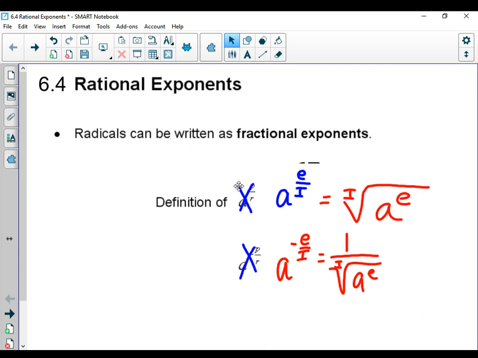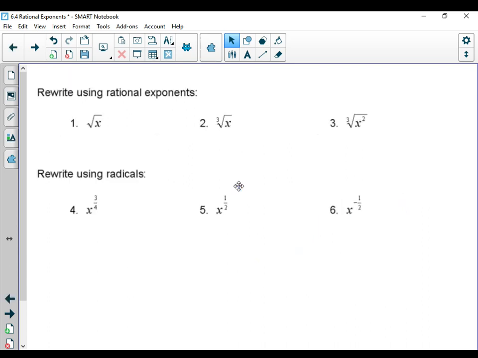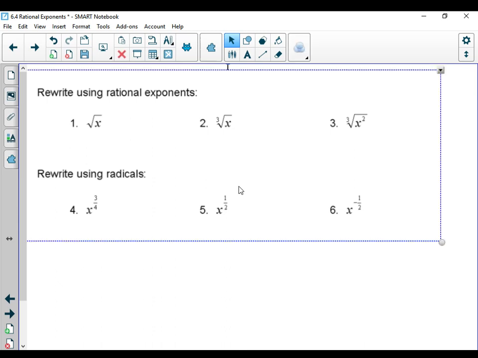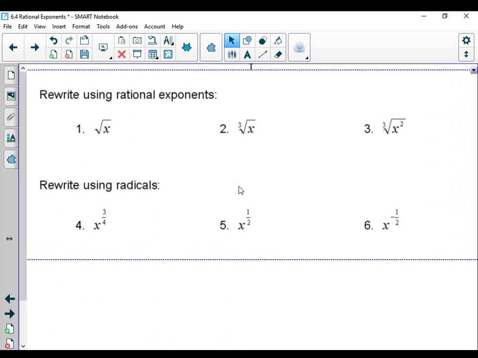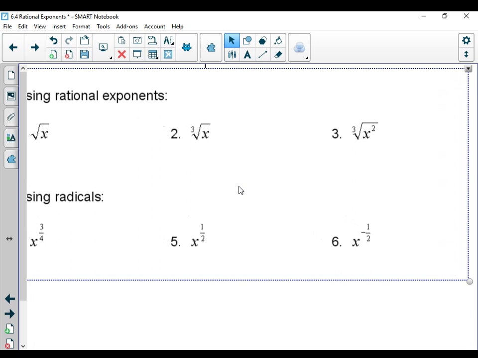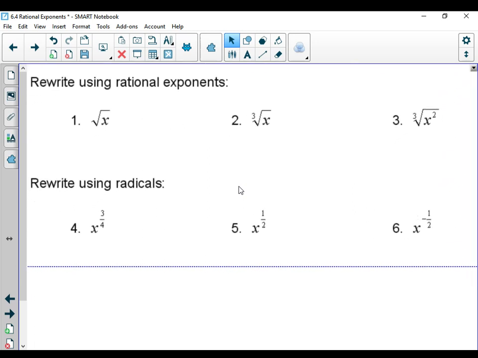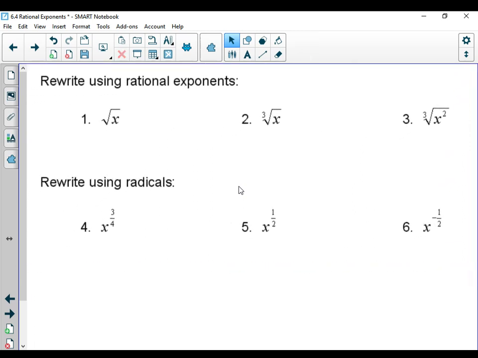We're going to be changing these from rational exponents to radicals and radicals to rational exponents. Okay? The only thing bad about this lesson is these little exponents are so small.